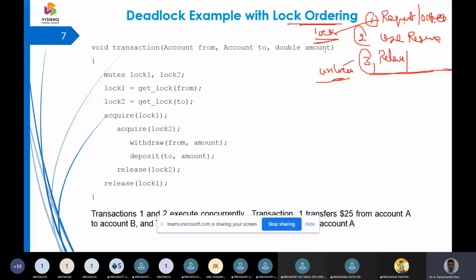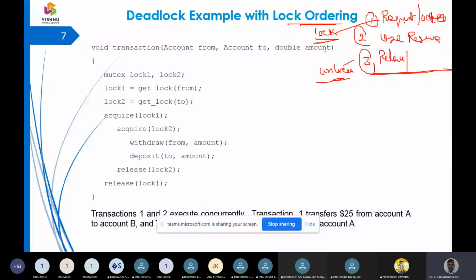Got it? So when requesting, we lock the shareable resources before we use them. After we complete using the shared resources, those resources are given to the rest of the processes, and this is called the unlocking operation.